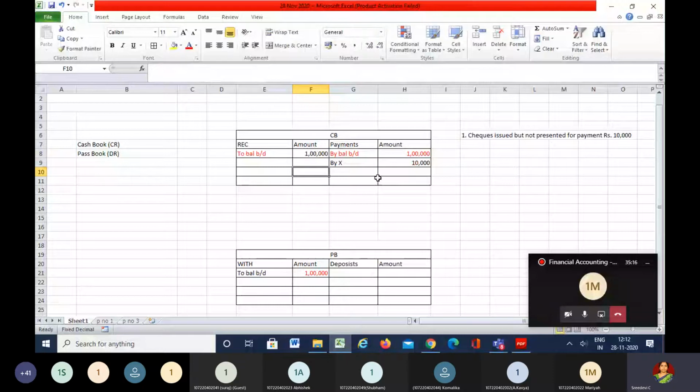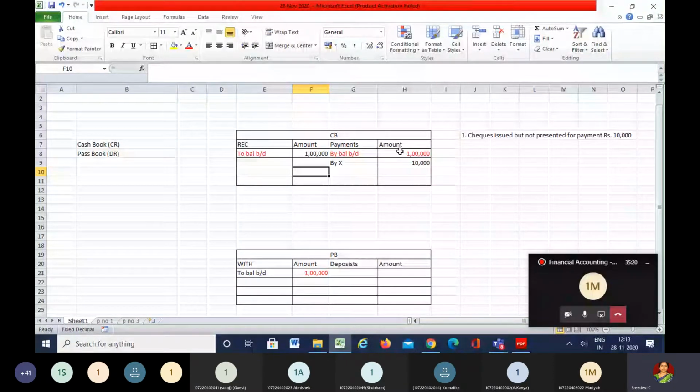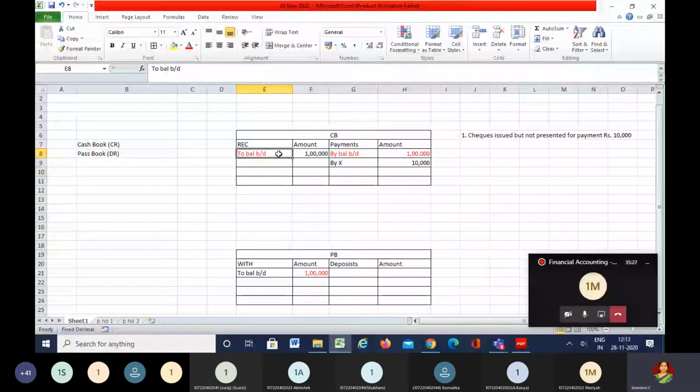But if this is an overdraft balance, because you are further issuing checks, the cash book will be more and the passbook will be less. Why will it be less? Because the check is still not presented for payment, so there is no further withdrawal from the bank. That is the reason the passbook shows less. Is it clear? Yes, ma'am.